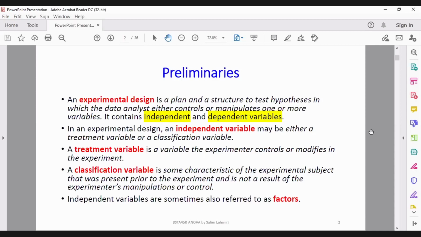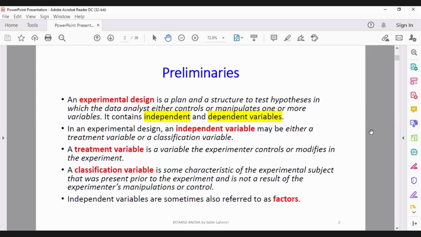A classification variable, another definition, is a characteristic or experimental subject that was present prior to the experiment and is not a result of the experimenter's manipulation or control.